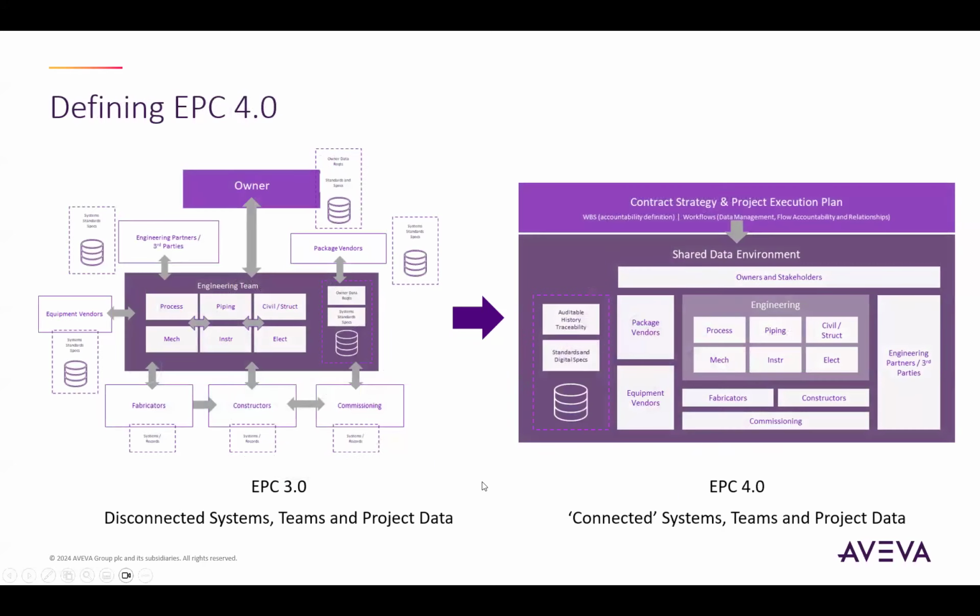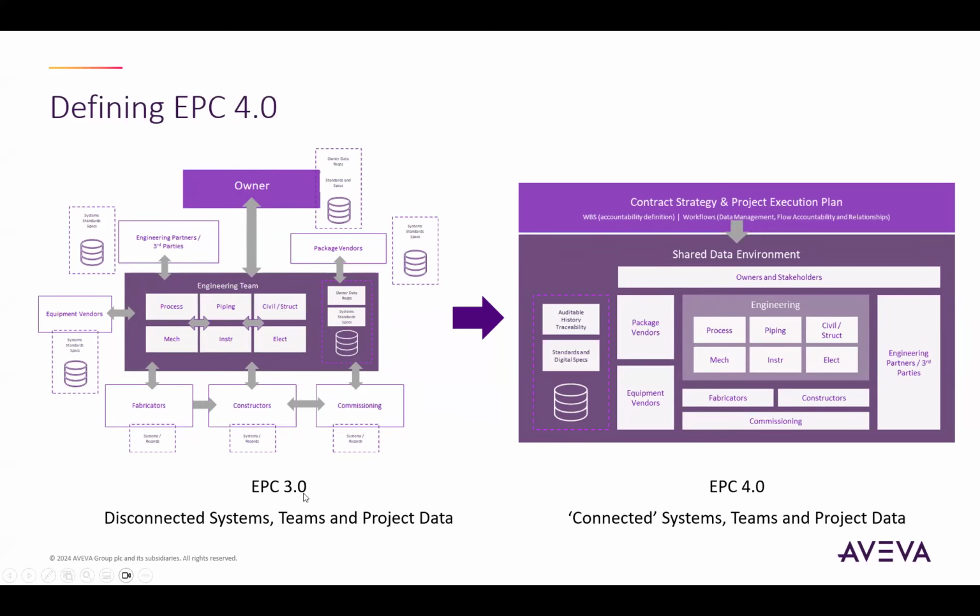Moving along, this slide gives you a perspective of what people are complaining about compared to what they would like to see themselves while executing projects. And we refer to them in the industry as defining the EPC 4.0, which is our current status, compared to the EPC 3.0 that EPCs were accustomed to implementing on projects.